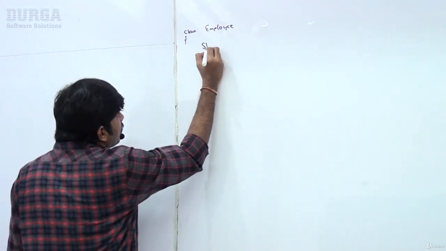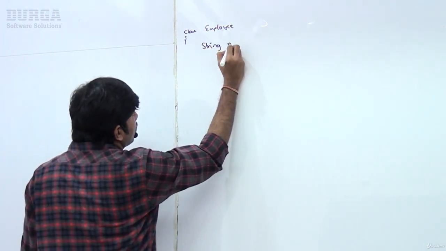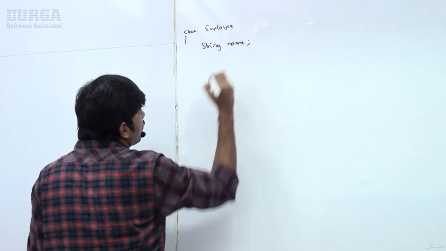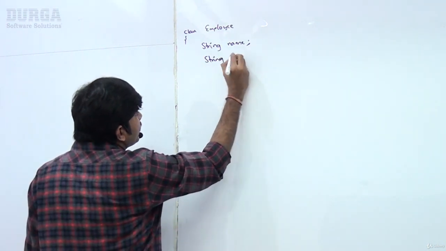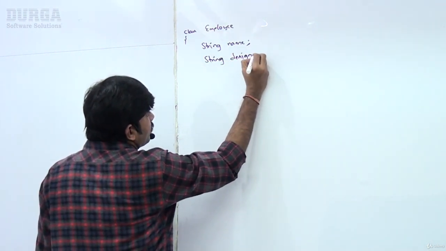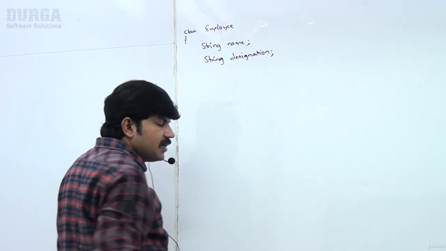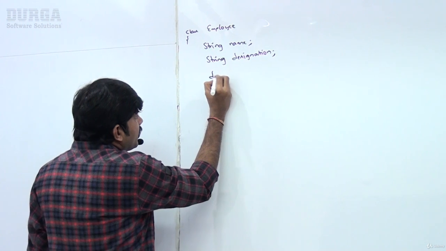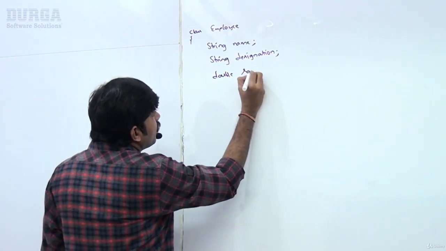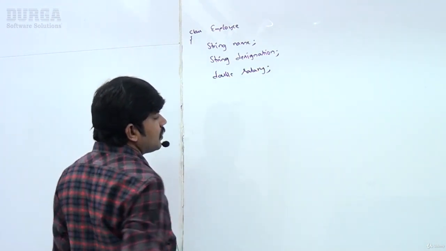Now I'm taking String name first. Next String designation. Every employee may be a lead or developer or manager or CEO, so a designation will be there. Next I'm taking double salary.